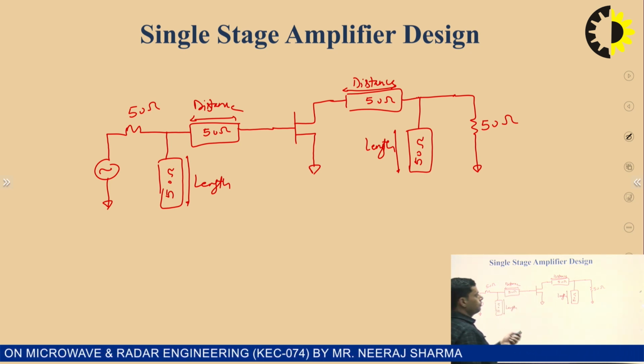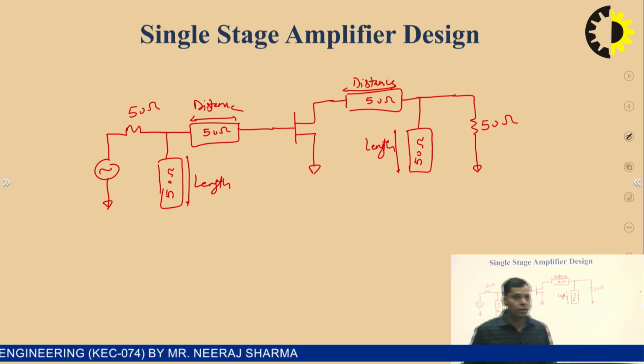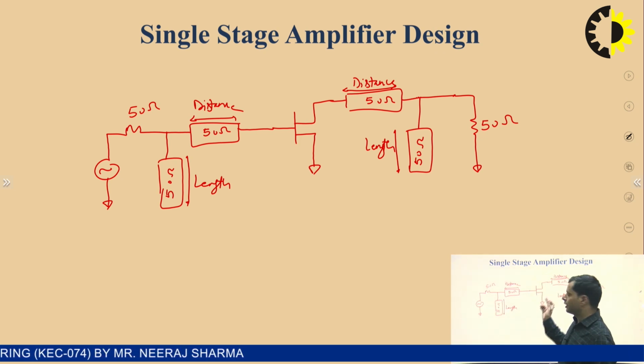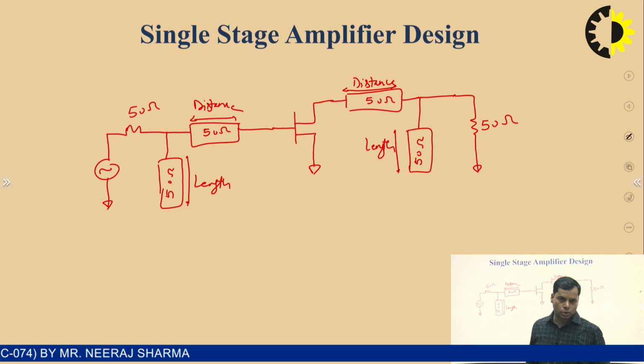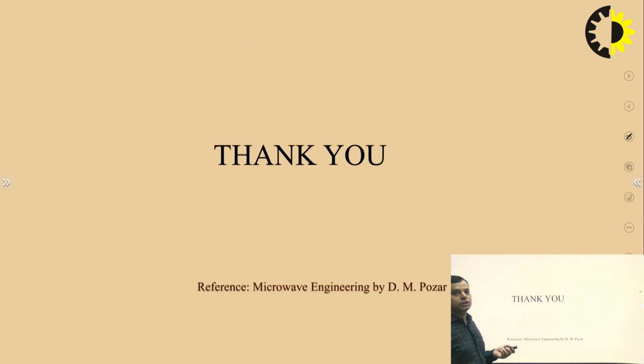In this way we can design the microwave amplifier. This is the simple complex conjugate method. We can also use the specified gain method, and we can also design with the low noise amplifier. So this is from my side for the microwave amplifier.